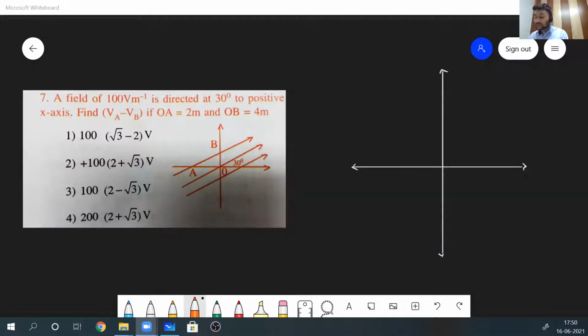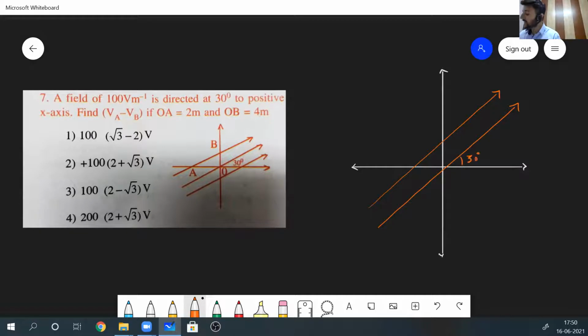A field of 100 volt per meter is directed at 30° to the positive direction of x-axis. So first of all, we are going to draw the electric field, and this electric field is making an angle of 30° with the positive direction of x-axis.